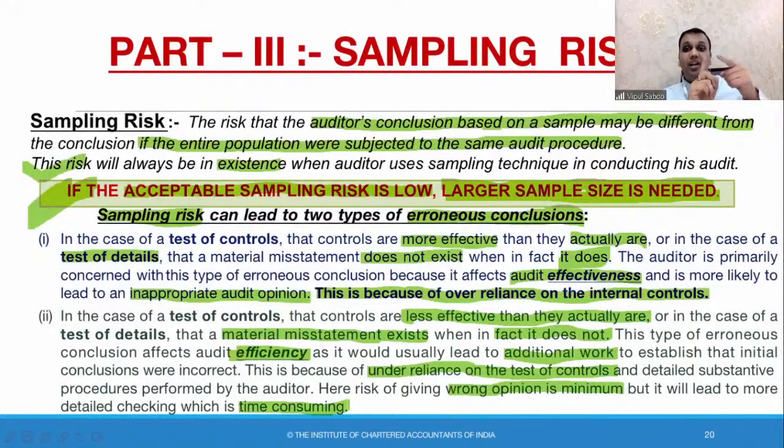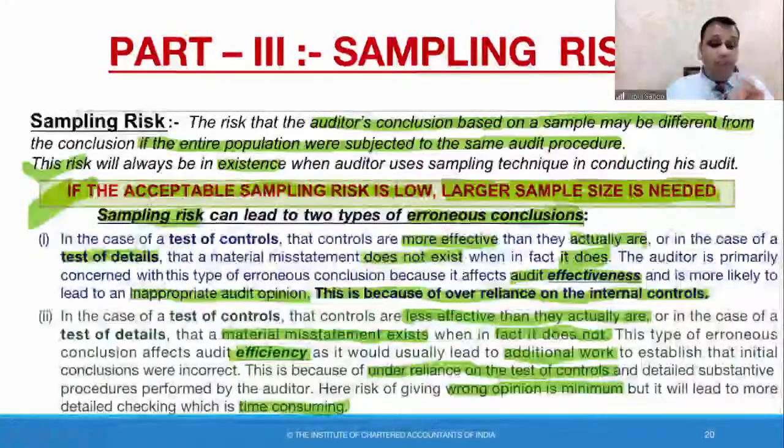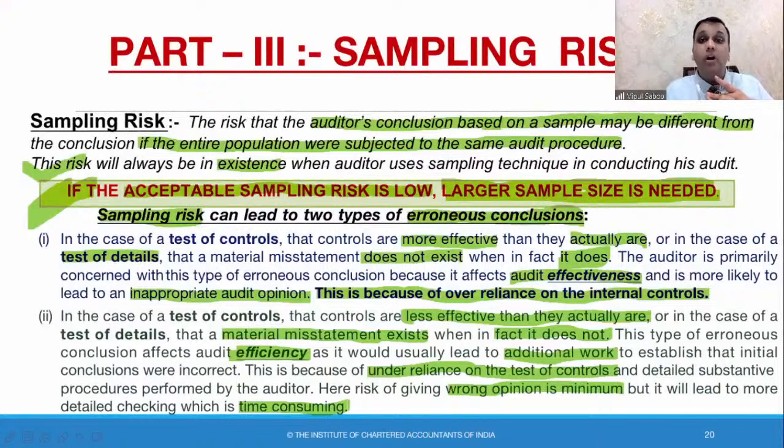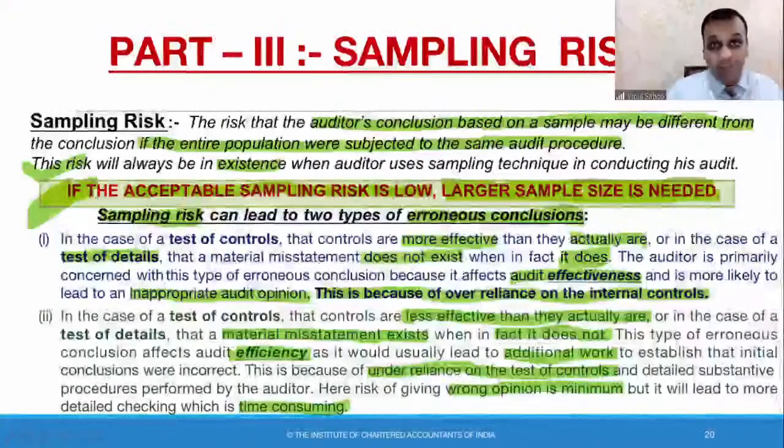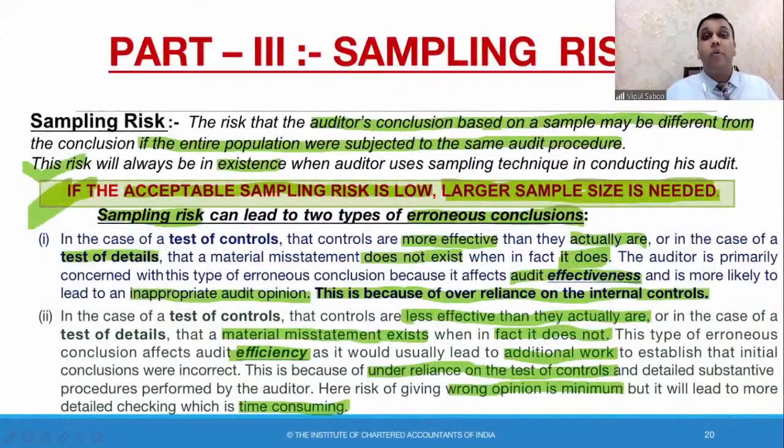So when there is over reliance on internal controls, audit effectiveness is compromised. The auditor has a lenient approach. But if there is under reliance on internal controls, audit efficiency is compromised because the auditor is more conservative in his approach. And the auditor draws this conclusion from the samples.